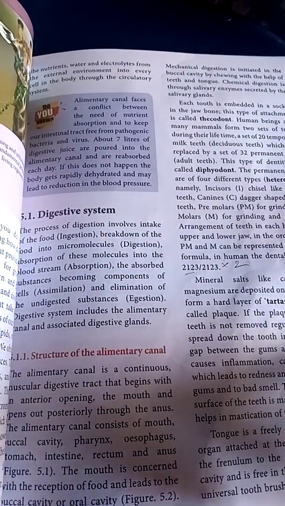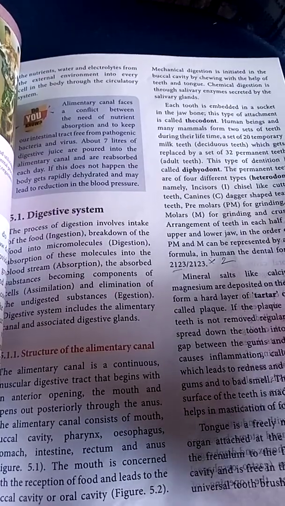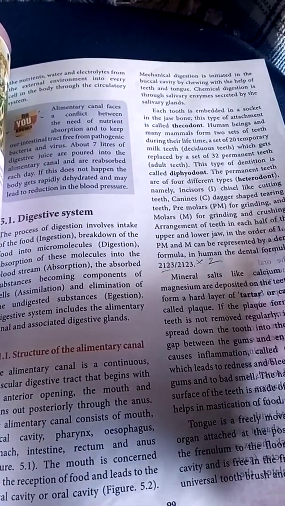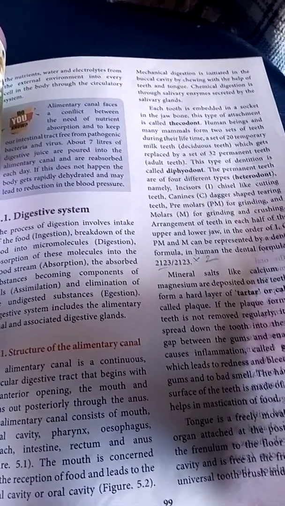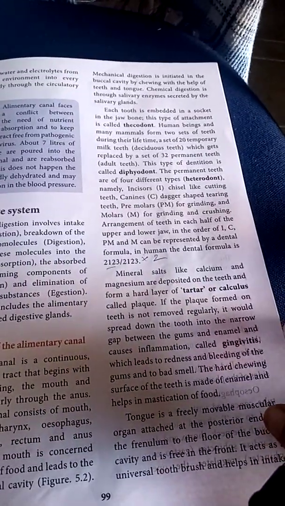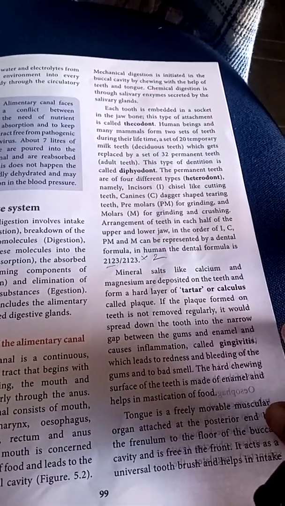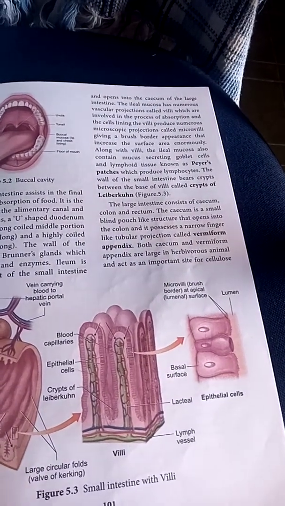This we have discussed. Then mouth: what parts are present in the mouth? The lips, when closed, form the mouth. When the mouth is open, the upper and lower lips are open, and that is known as the buccal cavity. The buccal cavity contains tongue and teeth.